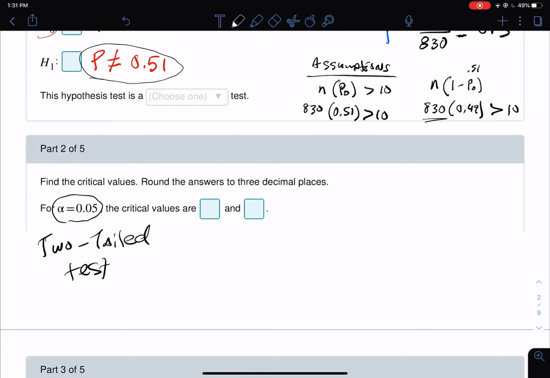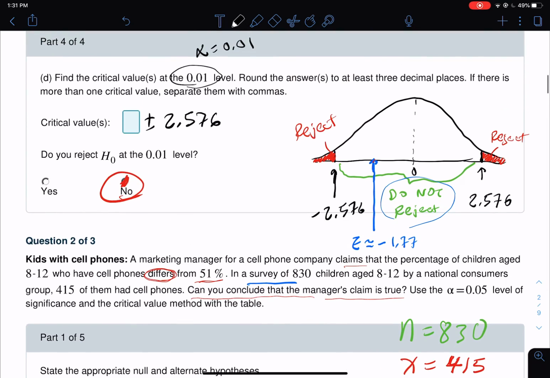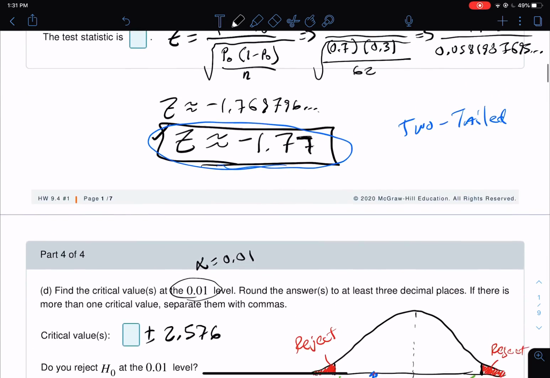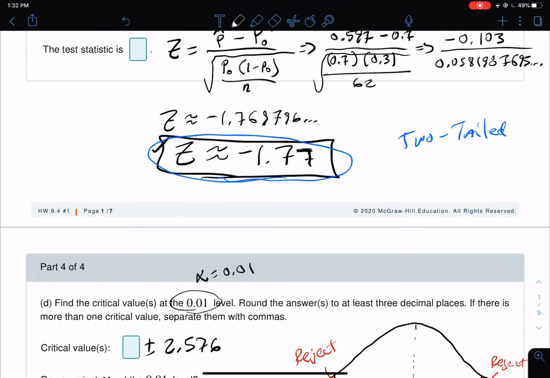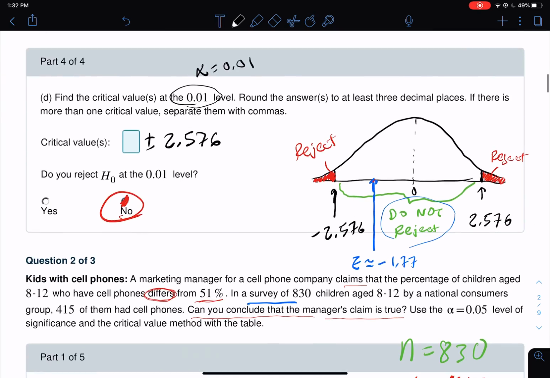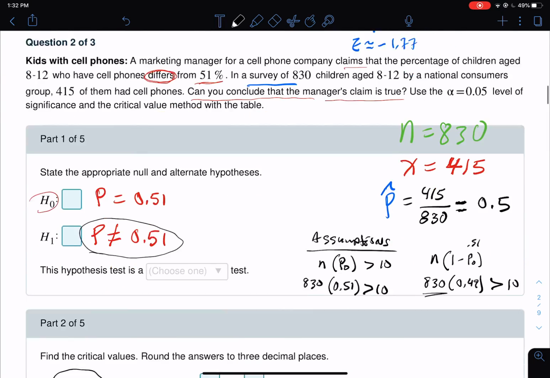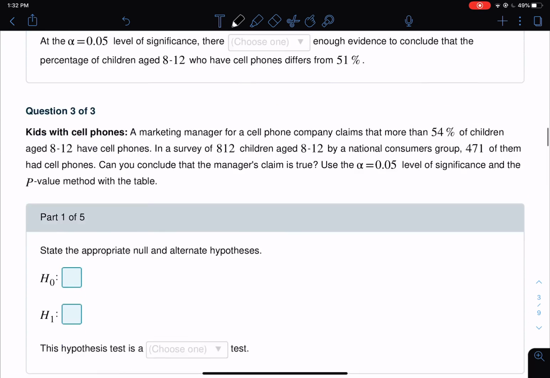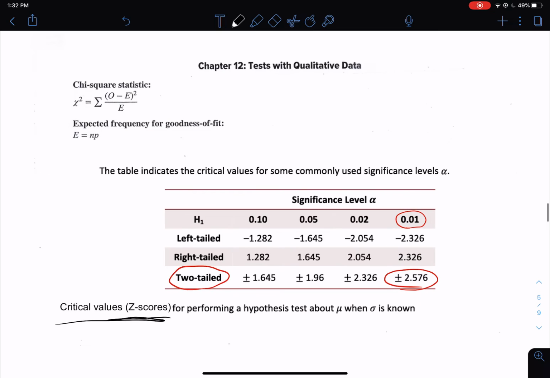So the beautiful thing about this particular section is that our test statistic is talking about z-scores, right? And so the easiest way to do this is to take a look at that nice handy dandy chart that is on our note card.